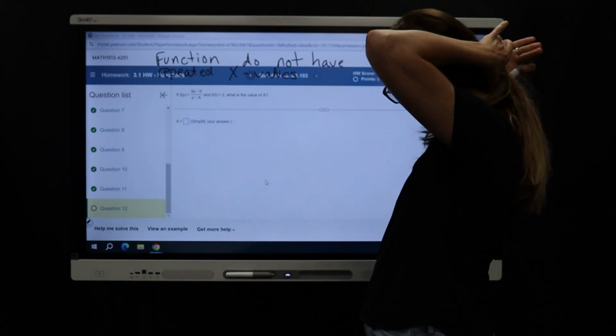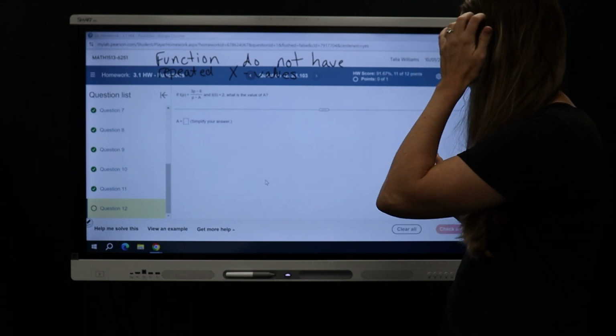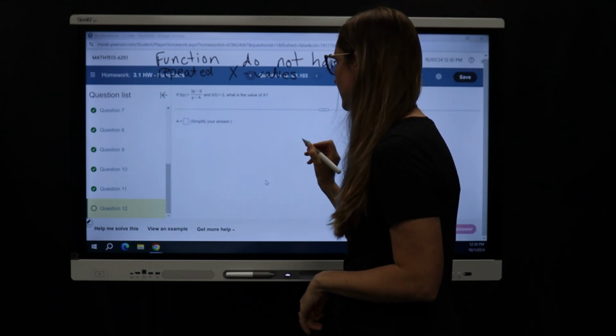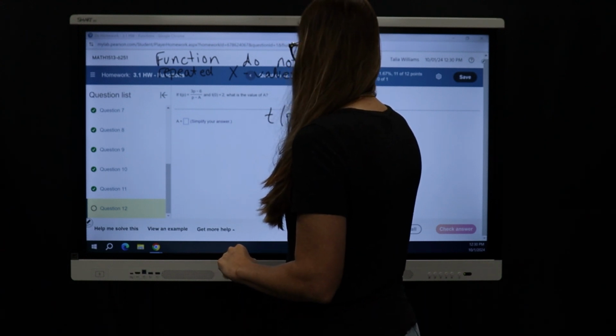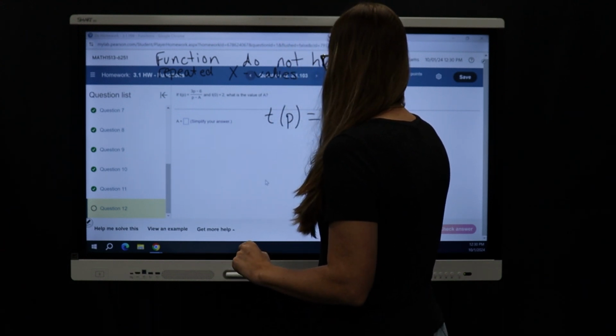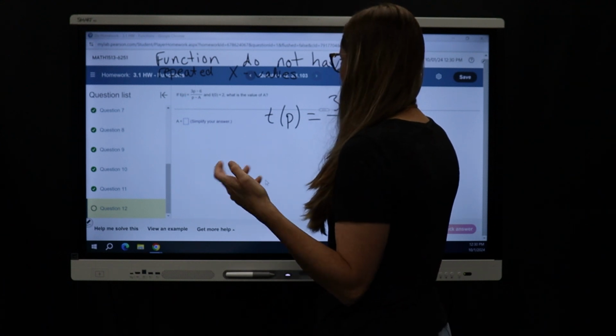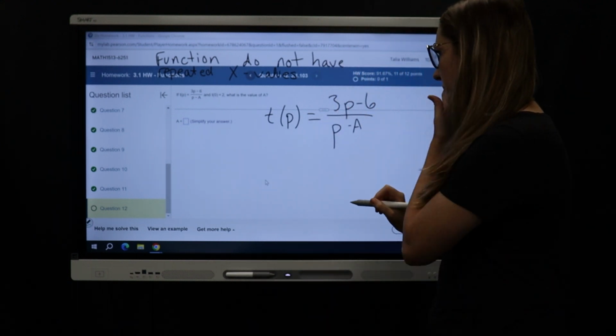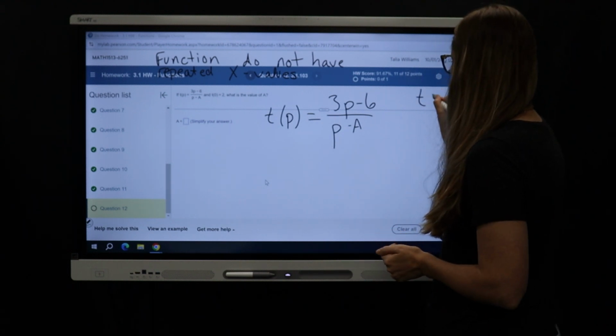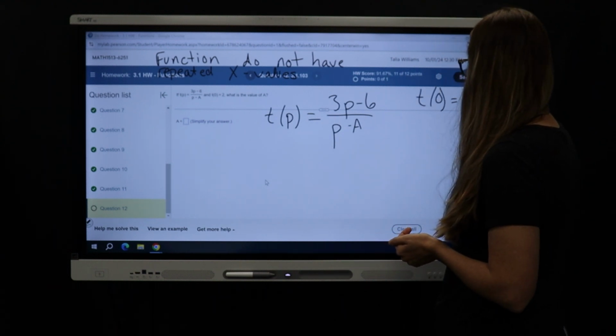Alright, we have T of P equals 3P minus 6 over P minus a. T of P. I hate when they change it up like that and just use crazy variables. It doesn't change how you do the math. I think it just makes it a little more confusing. So they give us T of 0 equals 2.